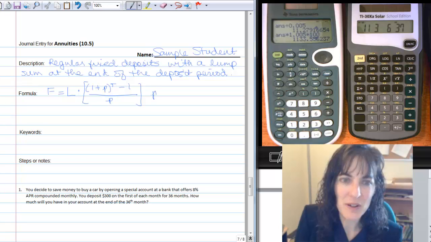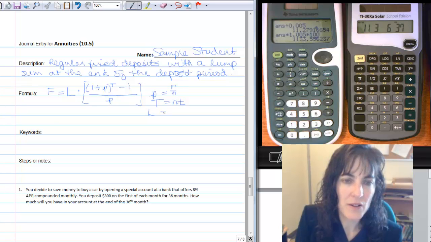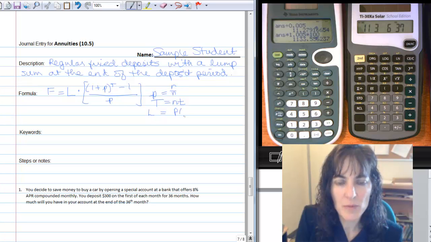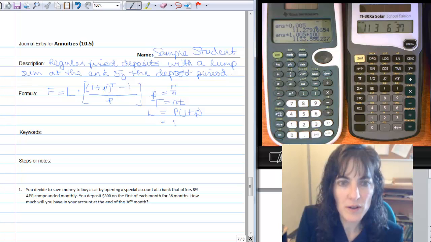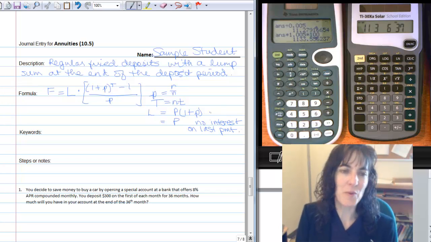So remember, the little p is R over N. Capital T is N times T. And then capital L is either going to be P times the quantity 1 plus little p, or just P. And this was with no interest on the last payment or deposit.